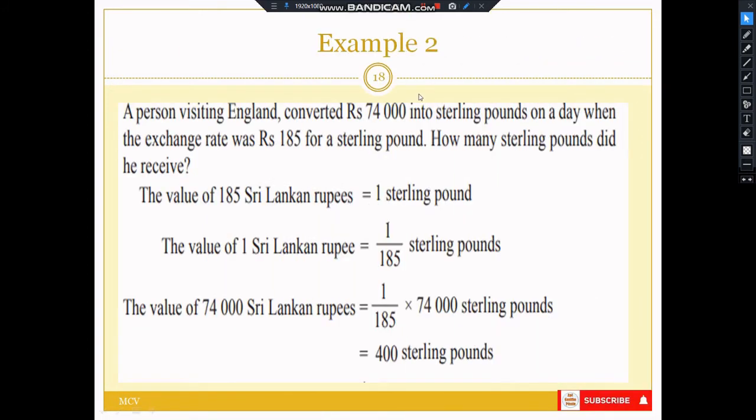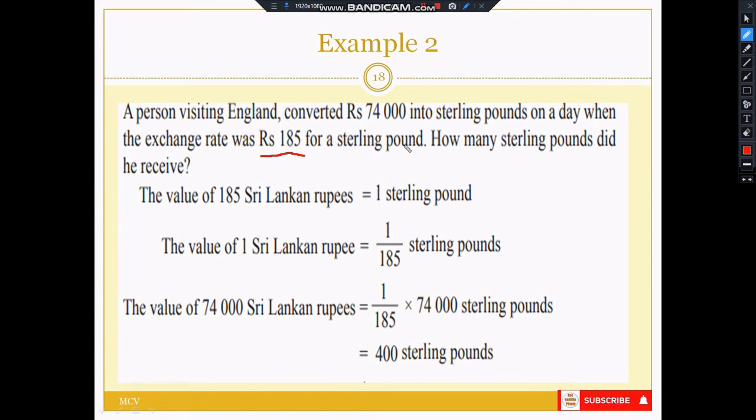Let's see this example. A person visiting England converted 74,000 rupees into sterling pounds on a day when the exchange rate was 185 for a sterling pound. That means if we have 1 sterling pound, that is equal to 185 rupees.